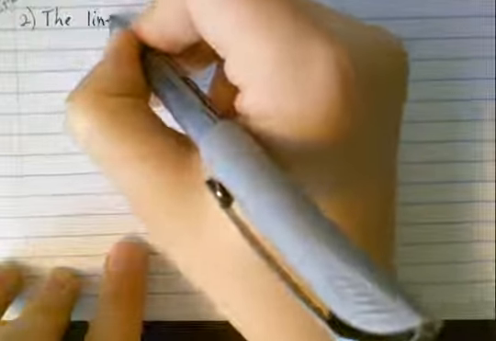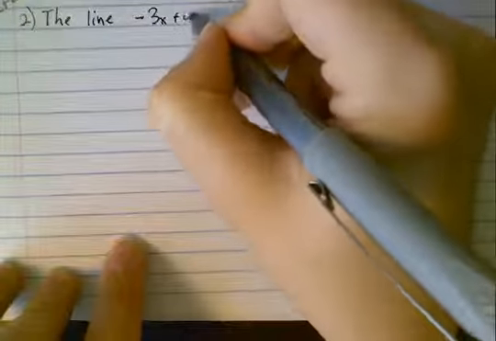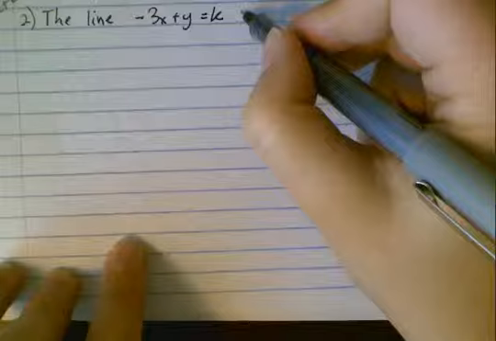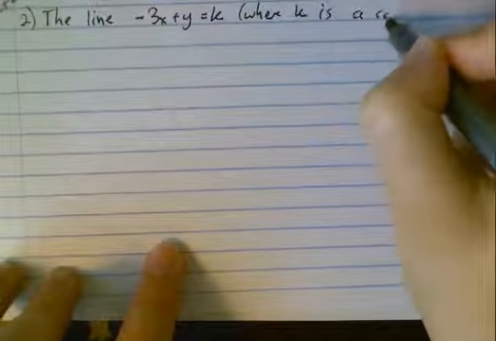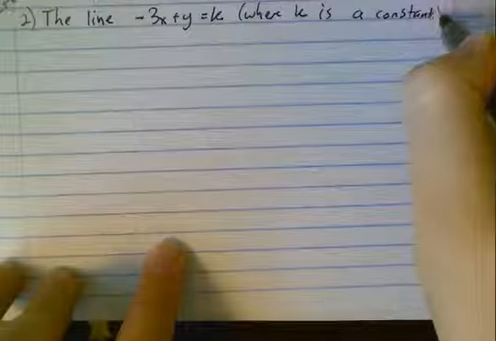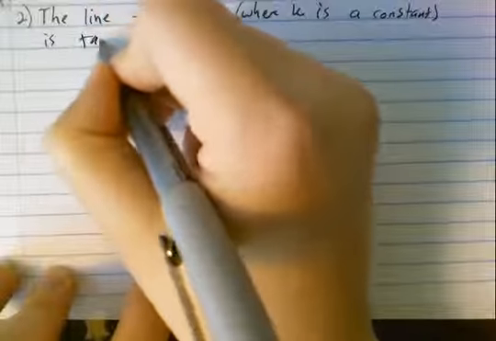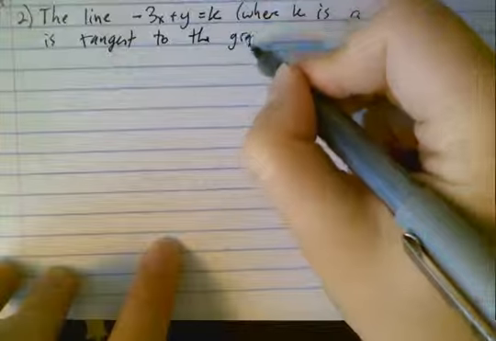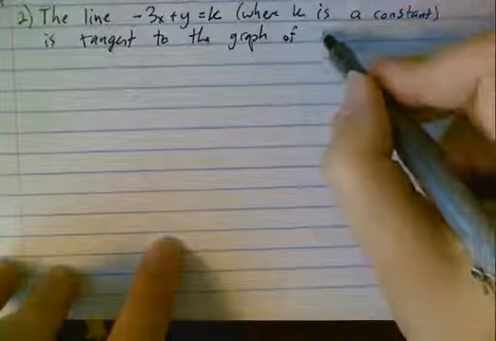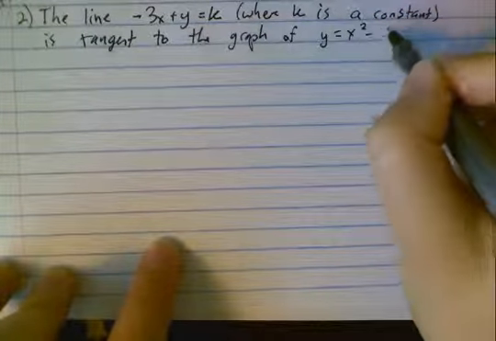Let's do a check for understanding problem on that one. Let's say the line -3x plus y equals k, again where k is a constant, is tangent to the graph of y equals x squared minus 5x.